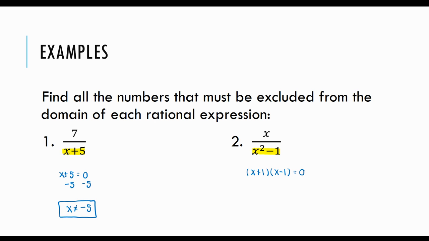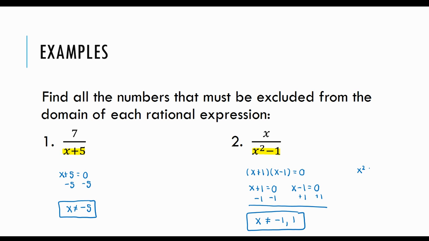Then I can set each of those factors equal to 0, and that's why in this case I'm going to have 2 excluded values. I'll subtract 1 from both sides over there, and I'll add 1 over here. So the values that I do not want for x in my domain would be -1 and +1.